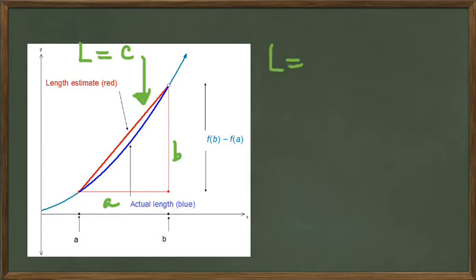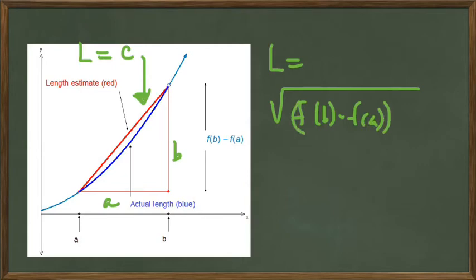L will be the square root of the difference in the y values, which is f of b minus f of a squared, plus the difference in the x values, which is b minus a squared. So we're using the Pythagorean theorem.